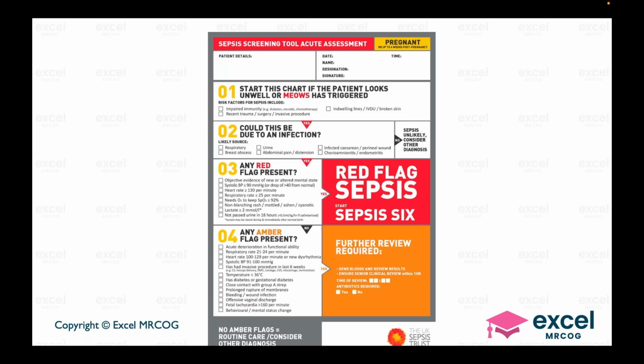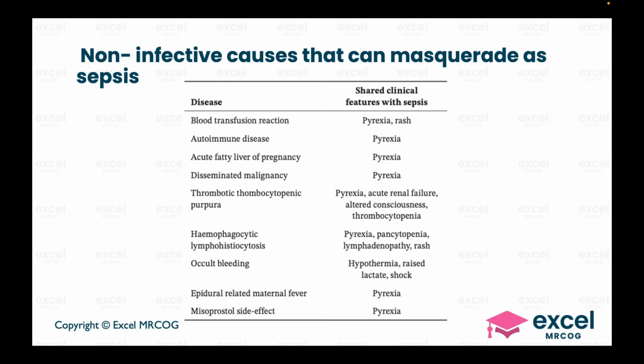Okay. Fine. So these are non-infective causes that can look like sepsis. So you could just go through this particular chart. Any one red flag, if you have, Dr. Mahmood, if you have any one of them, you can start the sepsis 6 bundle.